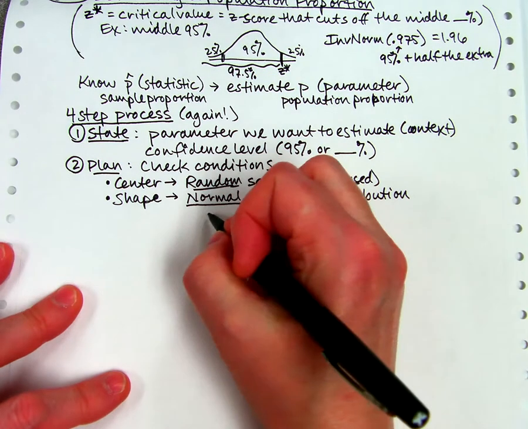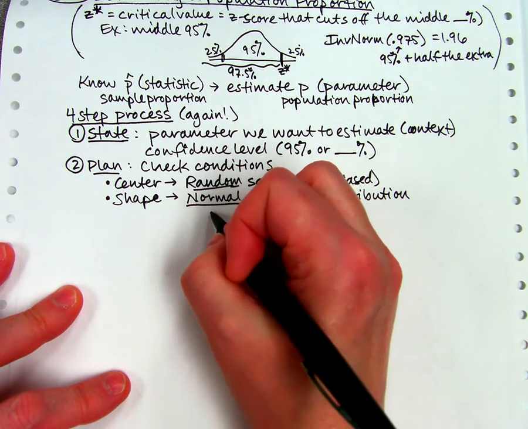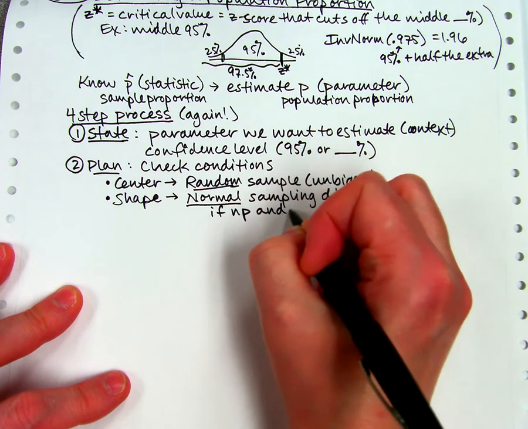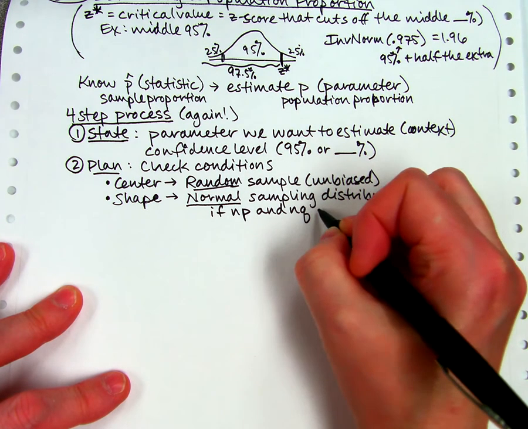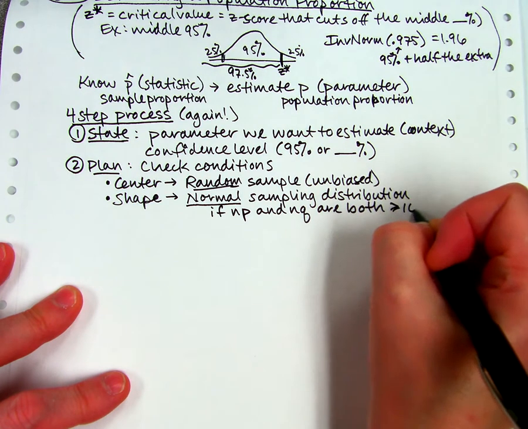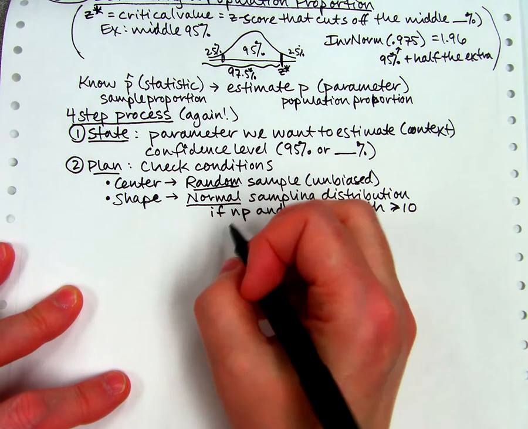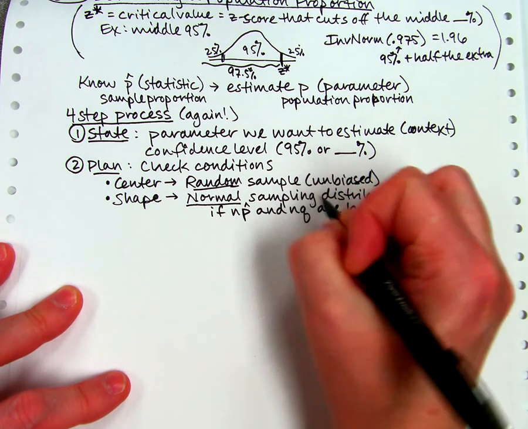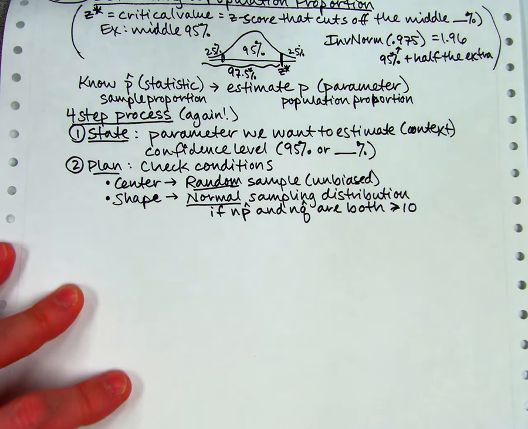And that happens, since we're talking about proportions now, we're going to focus on if np and nq are both greater than or equal to 10. And remember np, actually, you know what? We don't know what p is. That's annoying. Since we don't know what p is, we're going to use p hat, and I probably should have put that in the last set of notes.